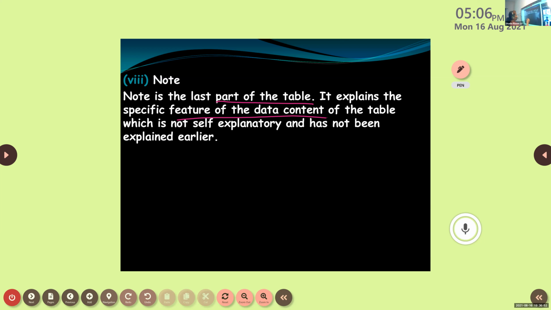Some changes have been made to that particular data, some rounding off is done, and only then has it been brought to this form. The explanation and everything is done before. Now the rounding off is done, and that note is what they have written on this particular table.